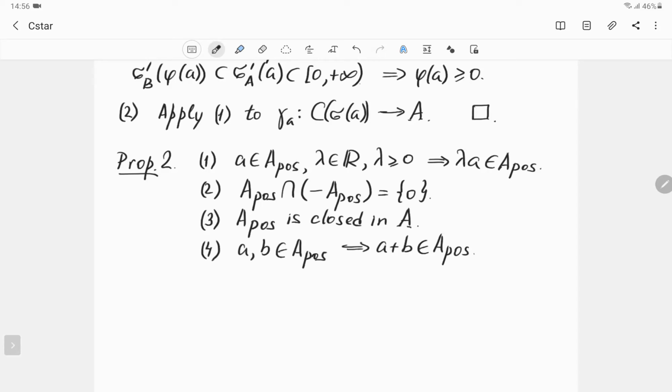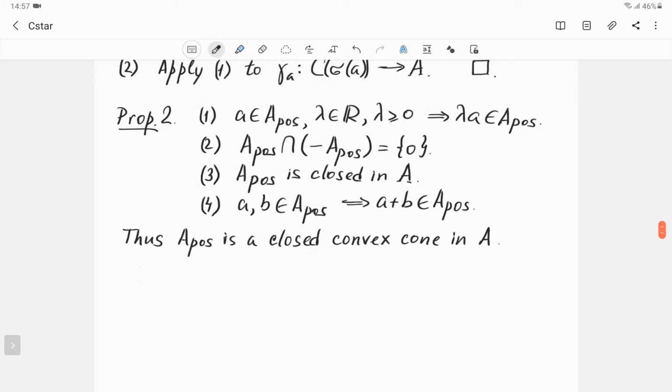So these properties together mean that the set of positive elements is a closed convex cone in A. Well, to prove this result, we need a simple but useful lemma.